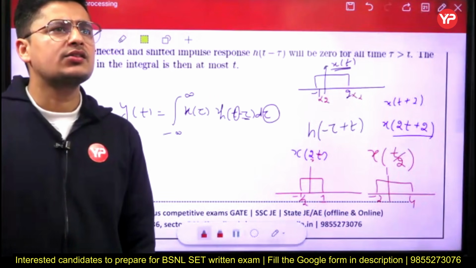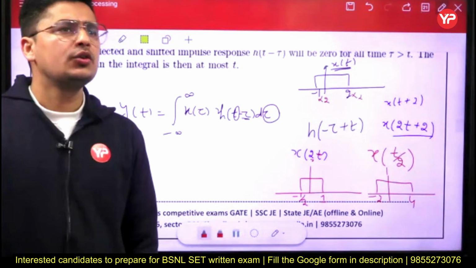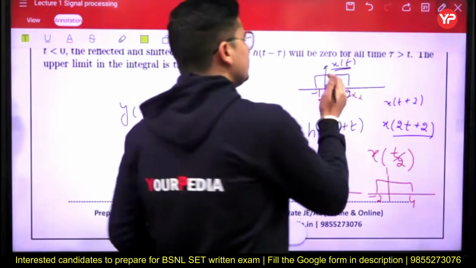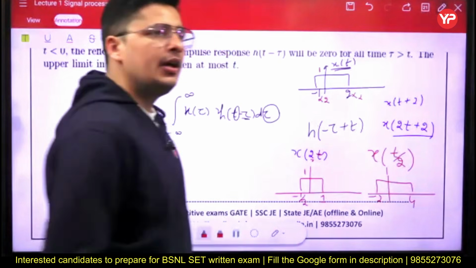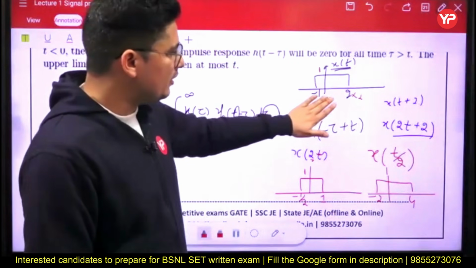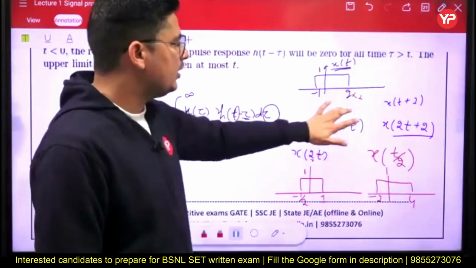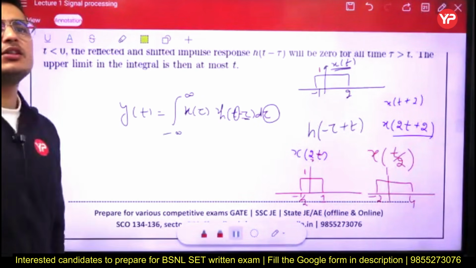Is x(2t) from minus 1 by 2 to 1 the area? No, not area. Its amplitude remains 1, but its width is reducing. Previously, how much is the width of the original signal?